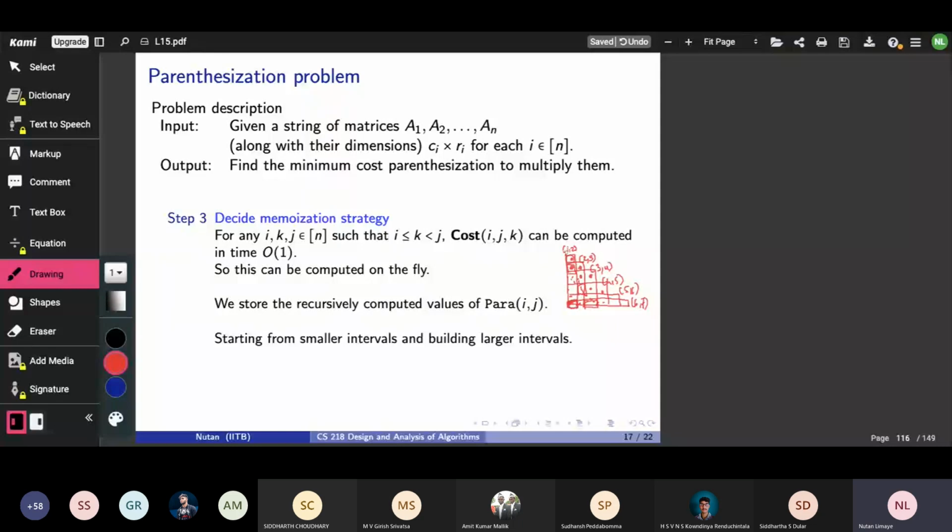Okay, so we build this from smaller to larger intervals, keep filling these entries as and when we can. And then finally we need to compute this final entry, which is the cost of multiplying all matrices, 1 to 7.